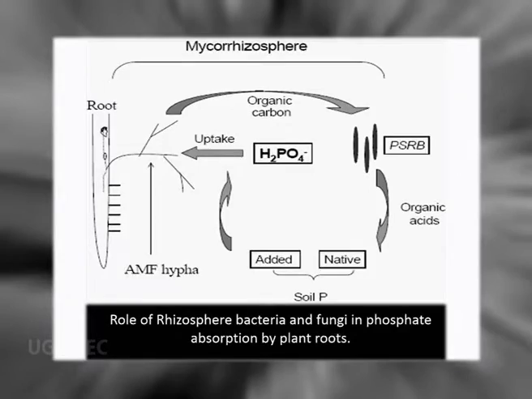In the same way, there may be the rhizosphere mycorrhizal fungi which will again solubilize this orthophosphate and supply it to the root. So rhizosphere microscopic organisms are very important for the interconversion of insoluble phosphate to soluble phosphate, or rather I must say it is transfer of phosphorus from abiotic to biotic phase.